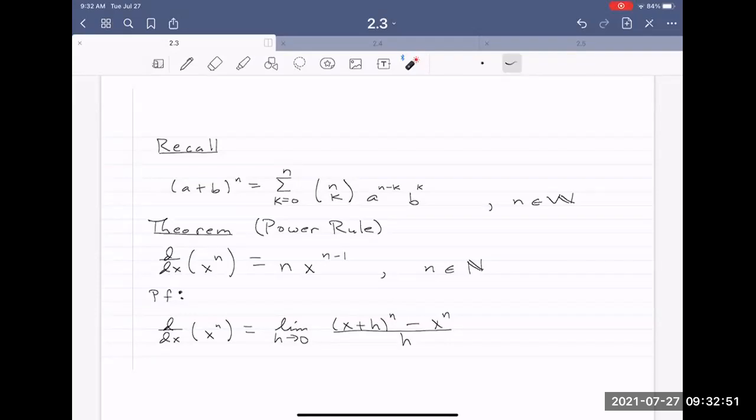I'm going to do it right now using the binomial theorem. Later, I'll prove the same result using something called the product rule. So using something else, using mathematical induction.